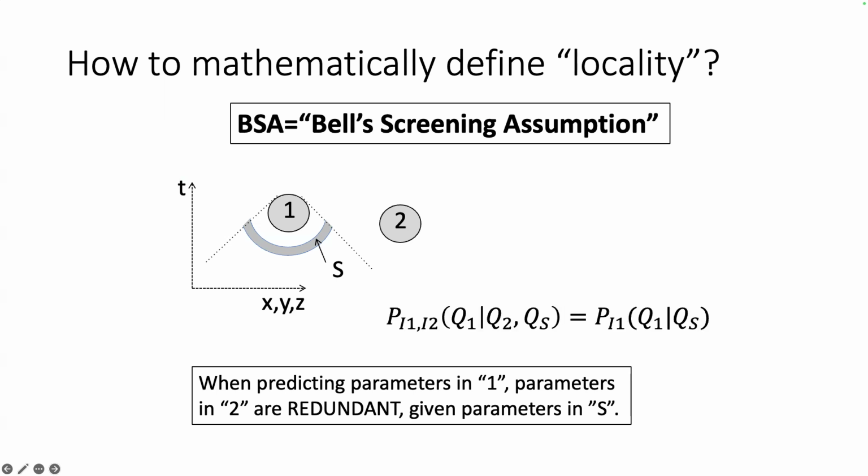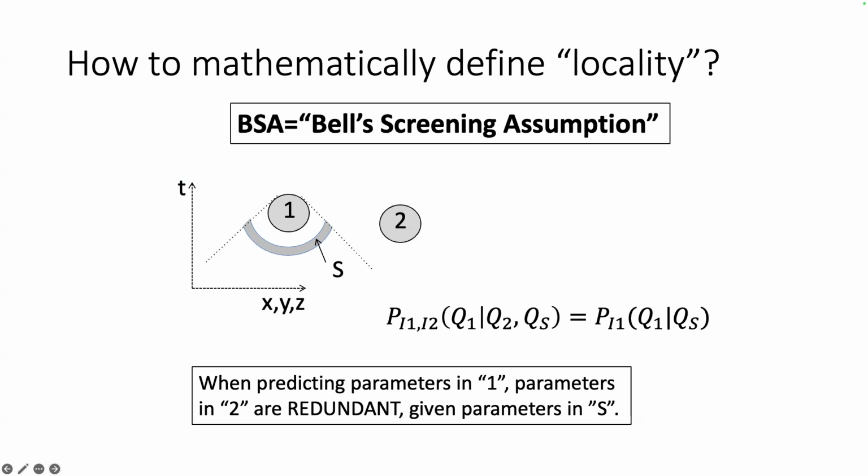Here's the math. The math is basically saying that if I have a model that says, oh, I have an input in region 1, I1, I have an input in region 2, I2, a setting, and I want to predict what's going to happen to these parameters in region 1, Q1, given that I already know the parameters in region 2 and the parameters in region S, that should be equal to just throw out knowledge of what the settings I2 are.